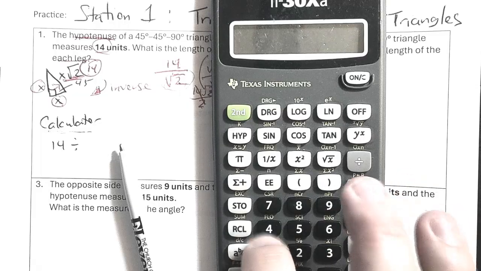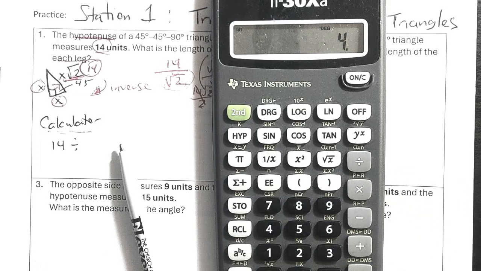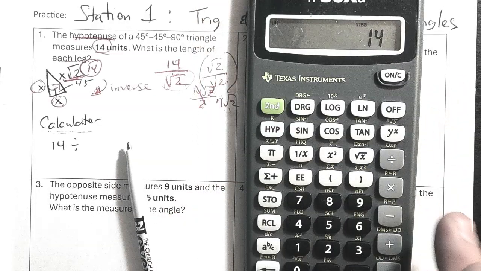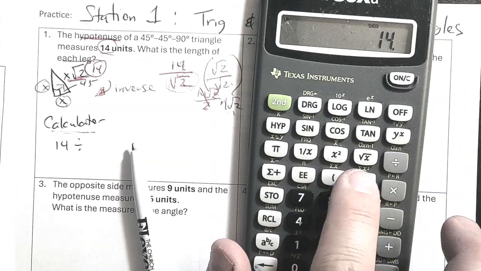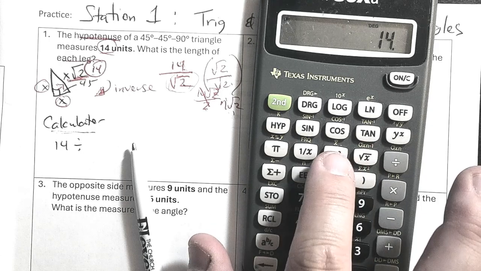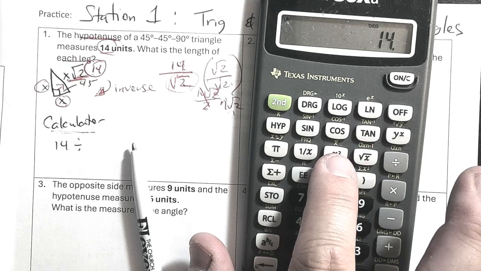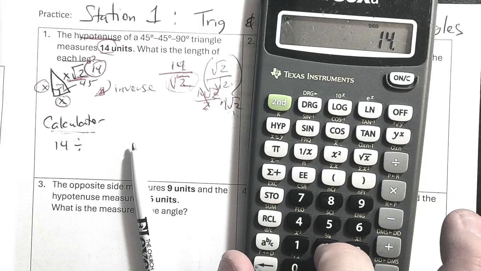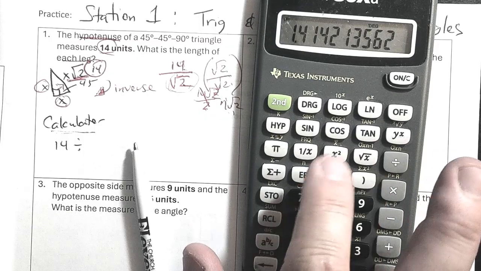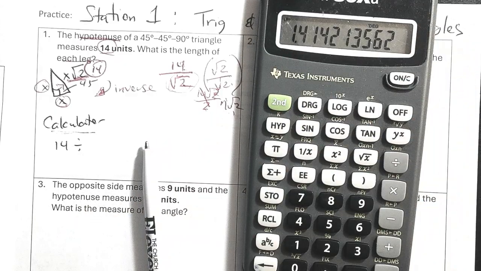So we want 14 divided by, so we're going to hit the number first. Just below tangent, this button is for square root. This is to square something. So we need the number first. So 14 divided by 2, that is going to be in that. So 1.41, I said that earlier, that's the square root of 2. Now we hit equals.